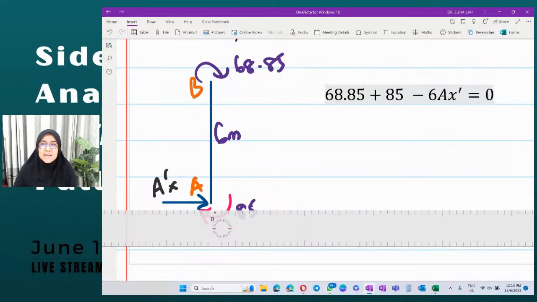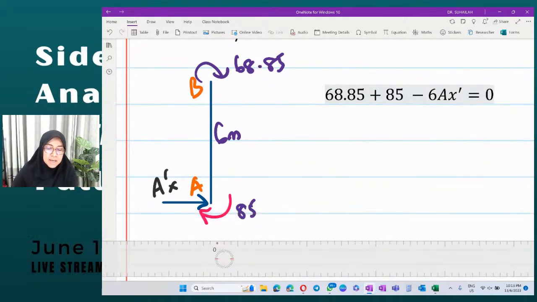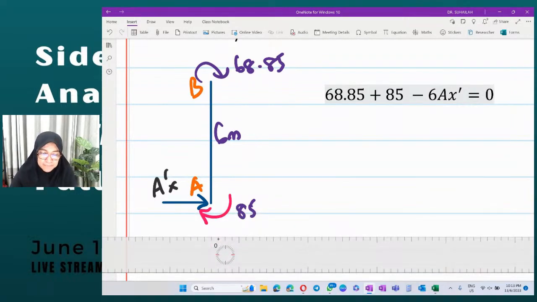Use static equilibrium. It is just like we analyze a simply supported beam, but this is a column.